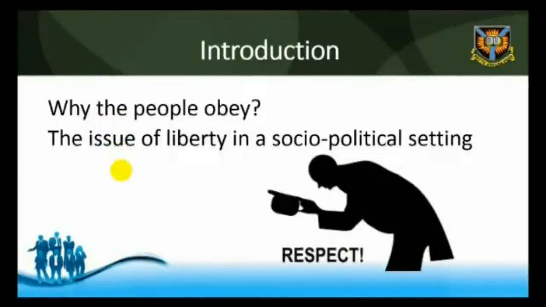When we are talking about the issues of individual and state security, there should be in existence some measure of freedom. The state has as one of its cardinal principles the protection of the liberty of her citizens. This study session discusses the issue of liberty in a socio-political setup.